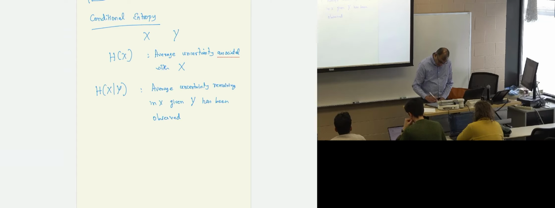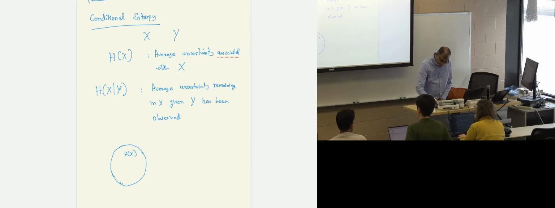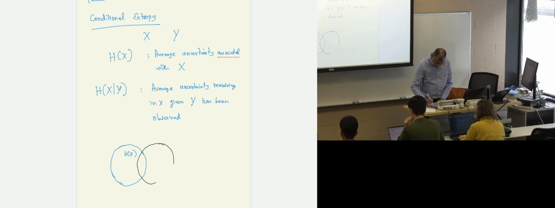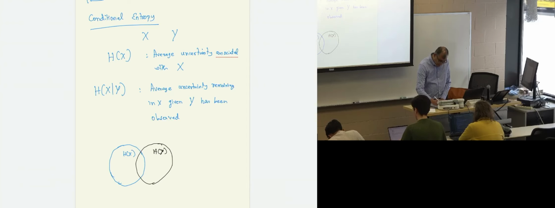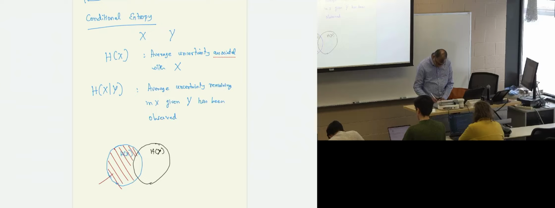Let's say you had, so this is h of x, this is the amount of uncertainty in x, and then this is some other random variable, h of y, and this part, the remaining uncertainty, is h of x given y.